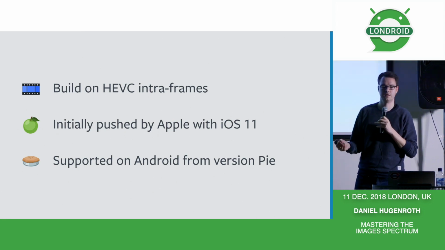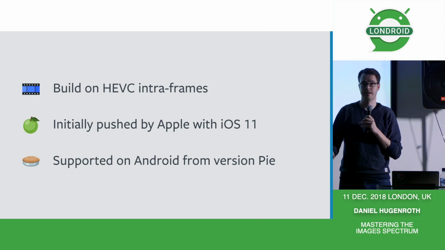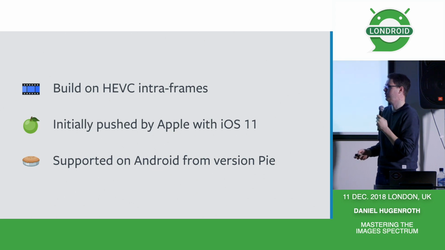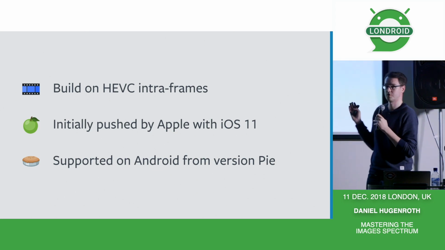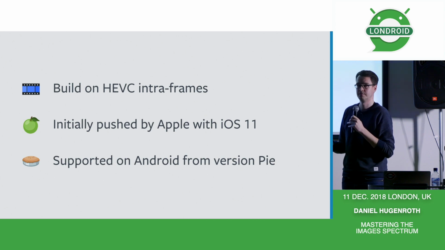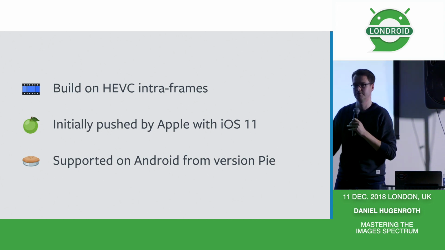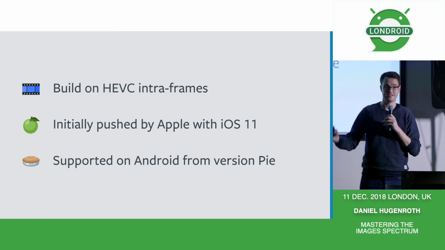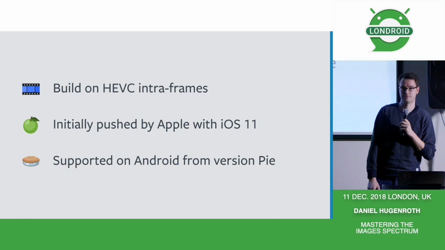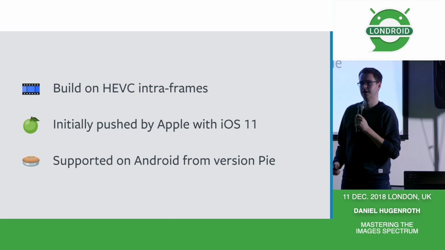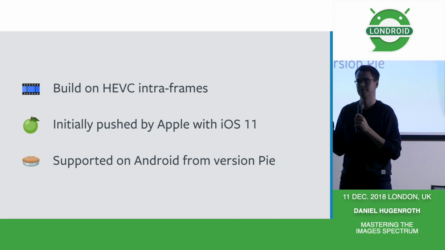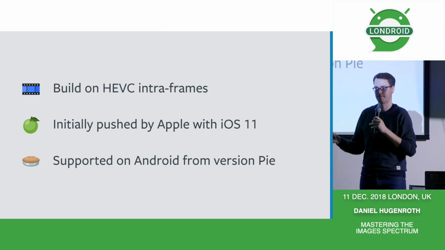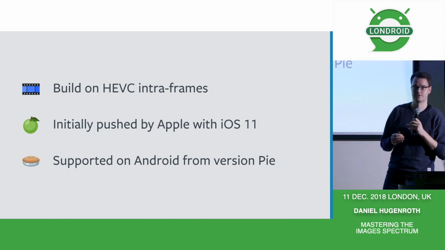This was initially pushed by Apple with iOS 11, and Google now also supports decoding those from Android version Pie. Interestingly, the ability to encode HEIF files ships as a separate support library, which allows encoding even on previous Android versions.